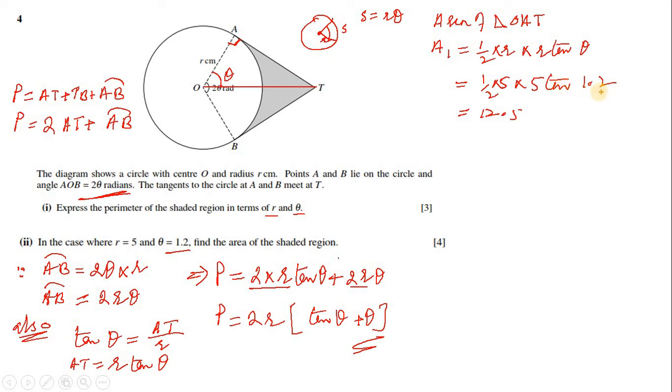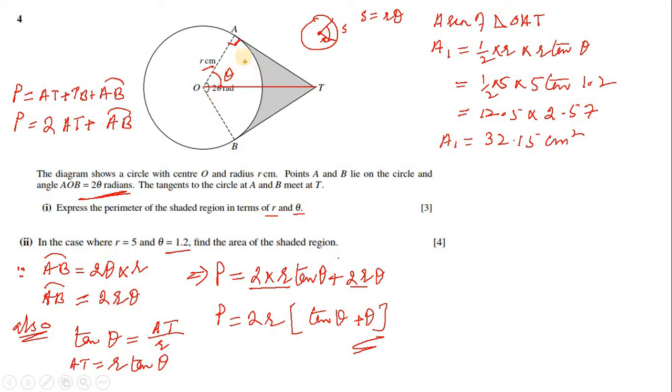So your tangent 1.2 would be equal to 2.57, and then A1 is 32.15 centimeter square, because R is given in centimeters here.